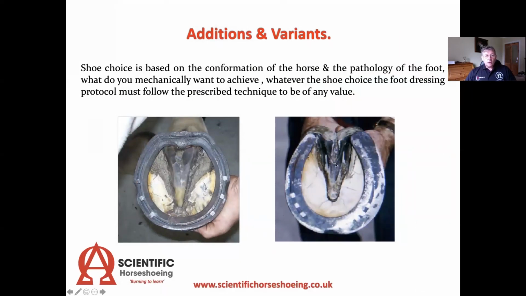Shoe choice is based on the conformation of the horse and the pathology of the foot. What do you mechanically want to achieve is the first question you need to be asking. Whatever the shoe choice, the foot dressing protocol must follow the prescribed techniques.